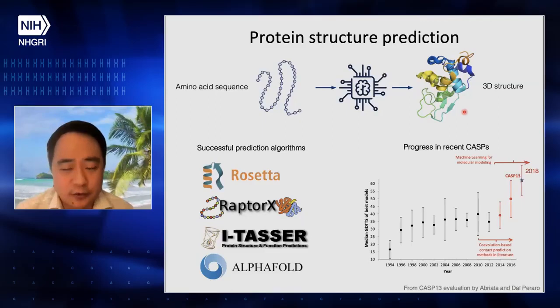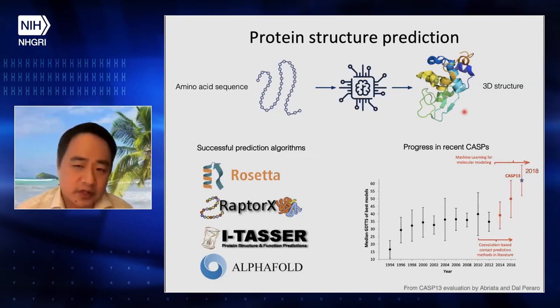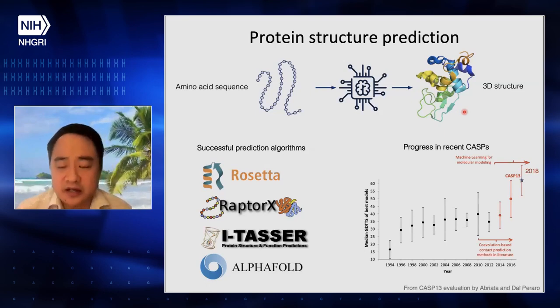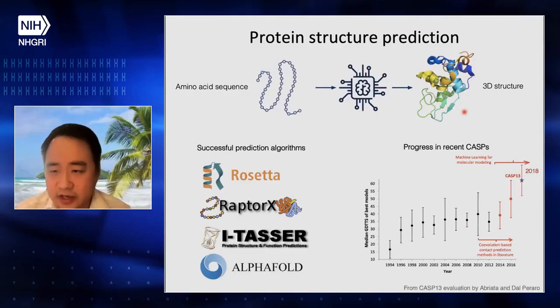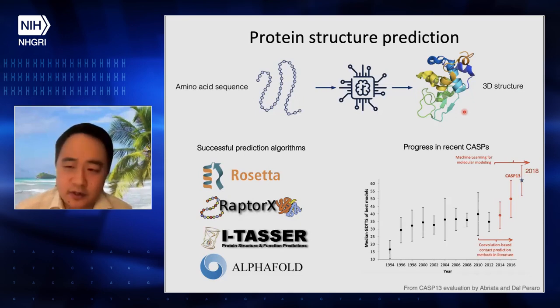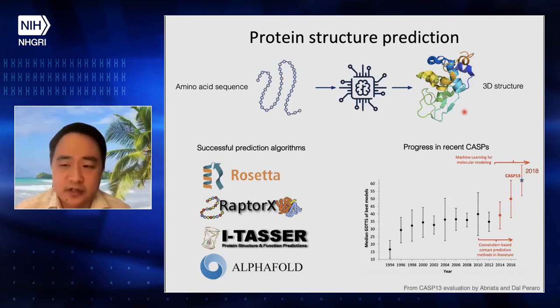Here I use a metric from the recent CASP competitions, where the entire community comes together and evaluates their algorithms on new, unreleased proteins to see whether the predicted structure reaches a certain level of accuracy. I only show the plot until 2018 because there was a huge improvement in the most recent CASP in 2020.